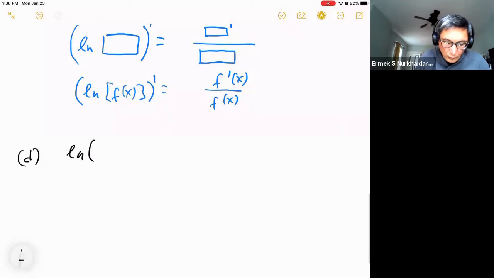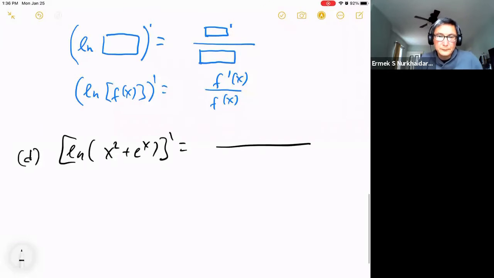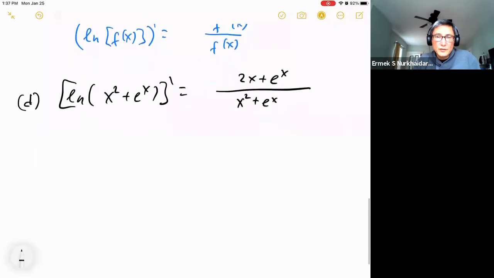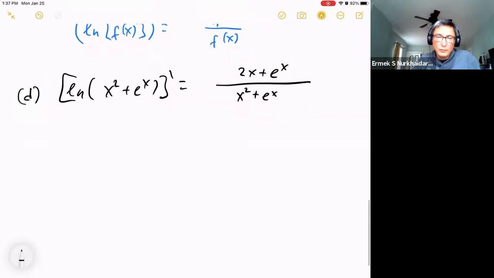Say ln of x squared plus e to x, and its derivative is over the original argument, and on top its derivative. And when we're taking derivatives, of course, the rest of the rules will also follow, for example, product rule and quotient rule.